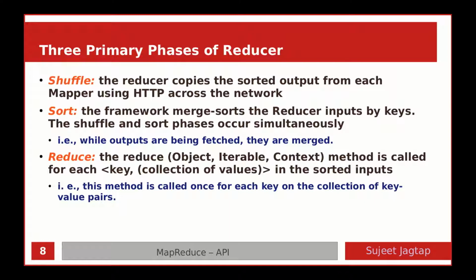The shuffle and sort phases occur simultaneously. That is, while outputs are being fetched, they are merged. Then finally we have the reduce phase, where the reduce method with the key, iterable values and context is called for each key with respect to the collection of values in the sorted inputs.